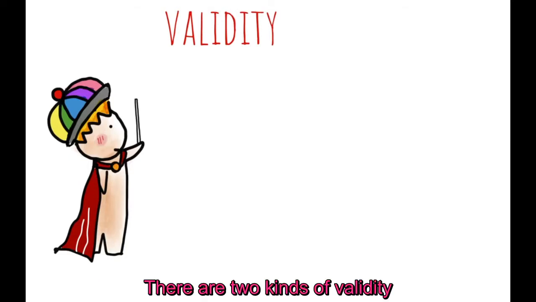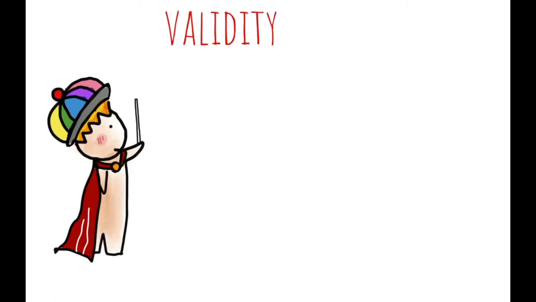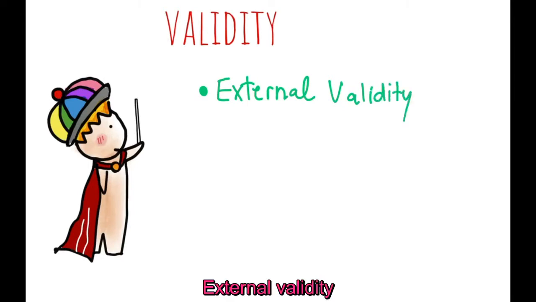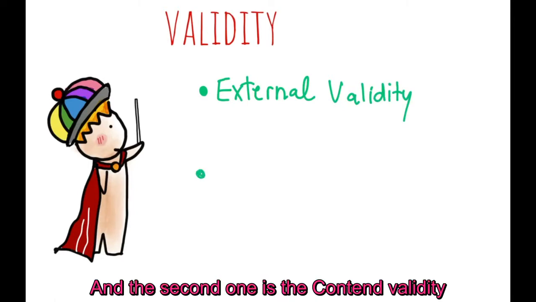There are two kinds of validity. The first one is called external validity, and the second one is content validity.